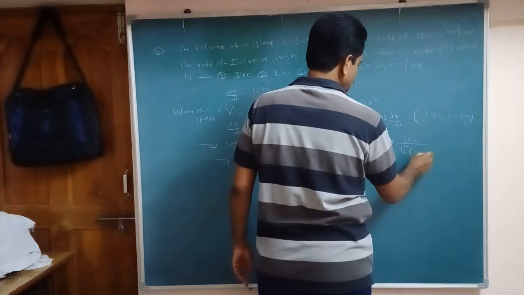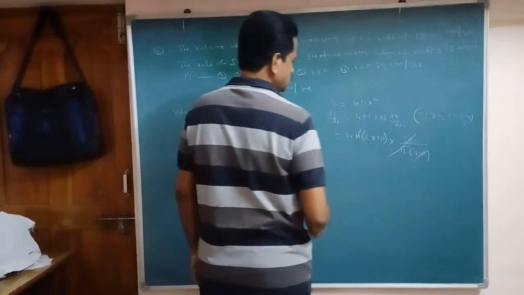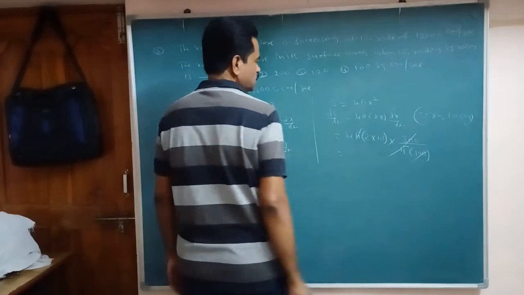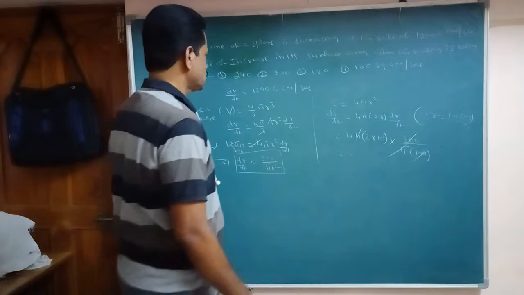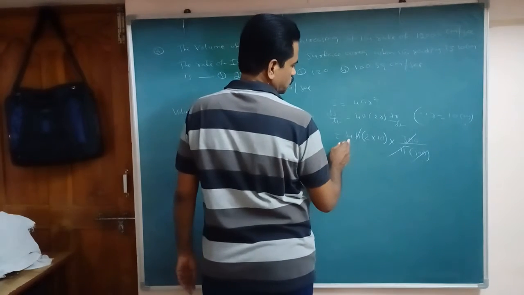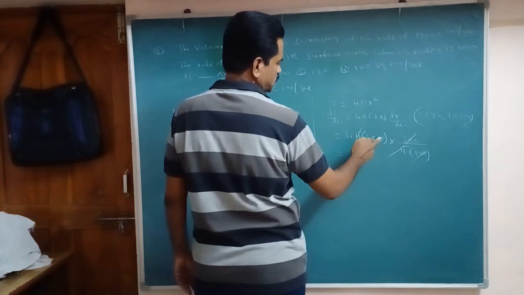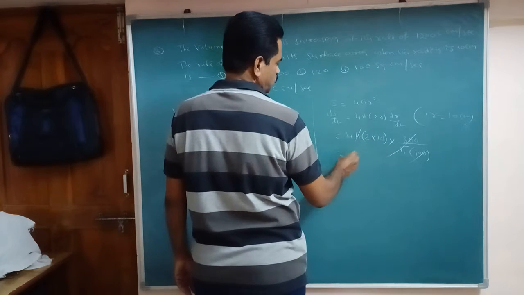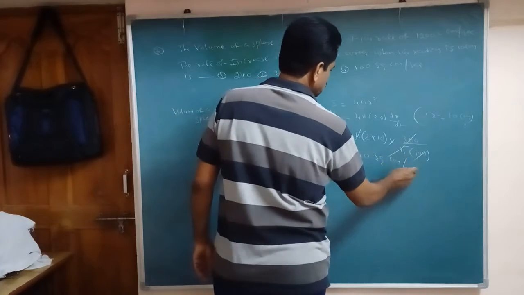R square is 100. So pi cancels, zeros cancel, and we get 60 into 4, which is 240 square centimeters per second.